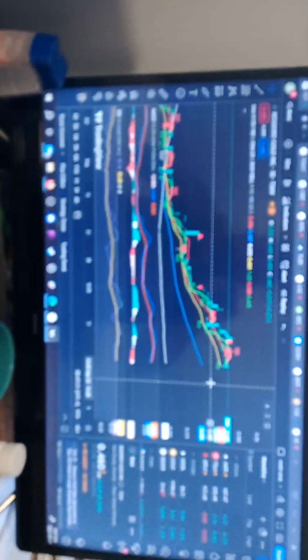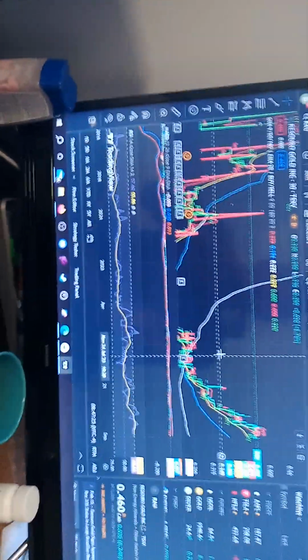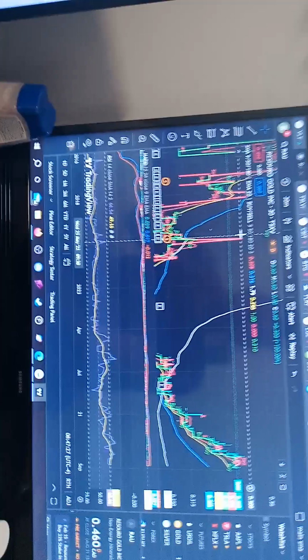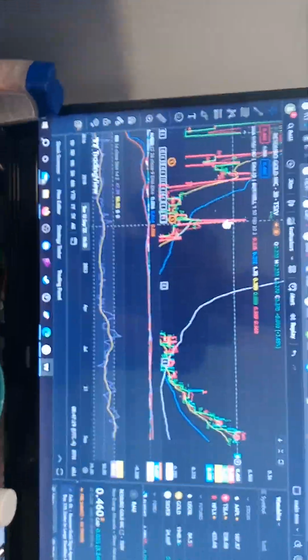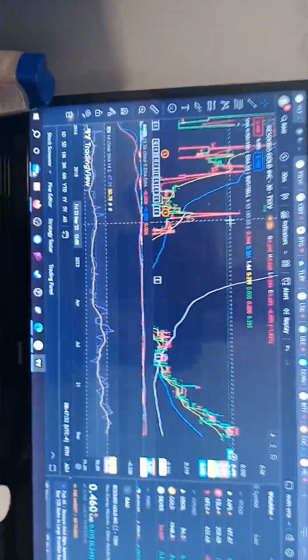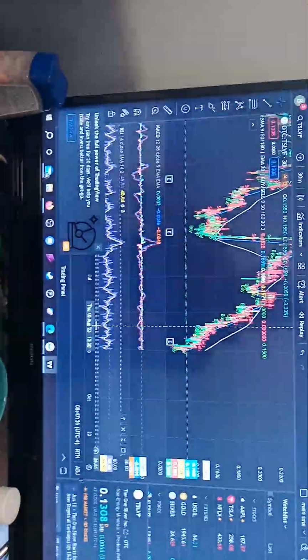And it looks like it's about to pull above the 9, the red line. If it does that, it is telling me to buy. It's also going to be breaking through a new resistance point, because this thing has a resistance point just below 50 cents. So this is another one I'm keeping a close eye on.